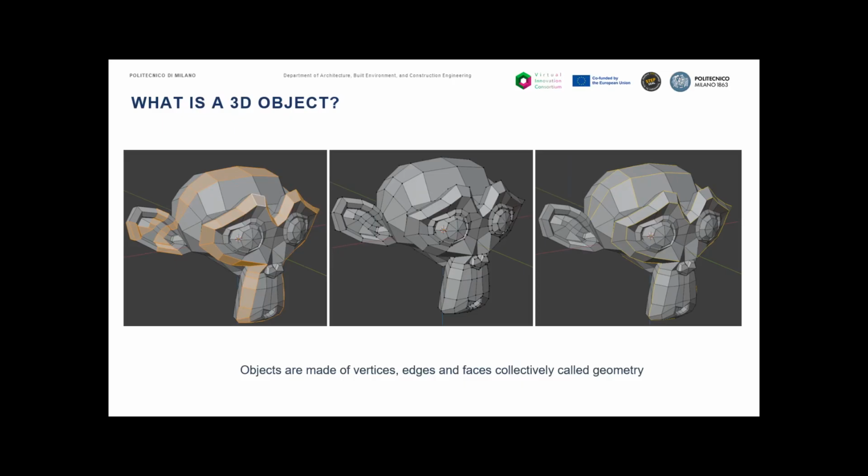The way that these elements are organized and connected is called their topology, and it is separated from their spatial position, their geometry. Topology describes connectivity, geometry describes location.